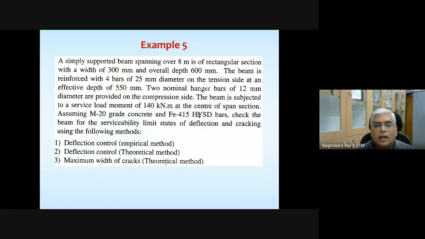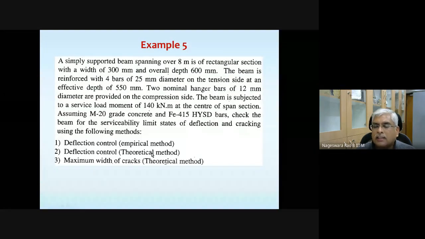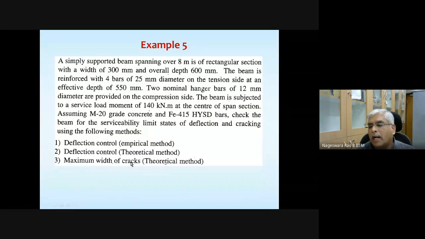First, deflection control using the empirical method: check whether L by D is within the code prescribed limits for a simply supported beam. Also exactly calculate the deflection using the theoretical method and check whether it is within the limit of span divided by 250. And also you need to calculate the maximum crack width.